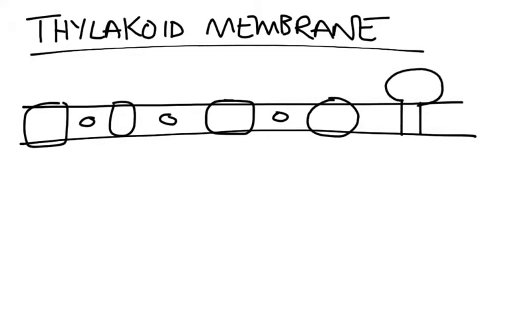That's sort of the structures that it has. And this will be the stroma side, and this will be the inner thylakoid space.